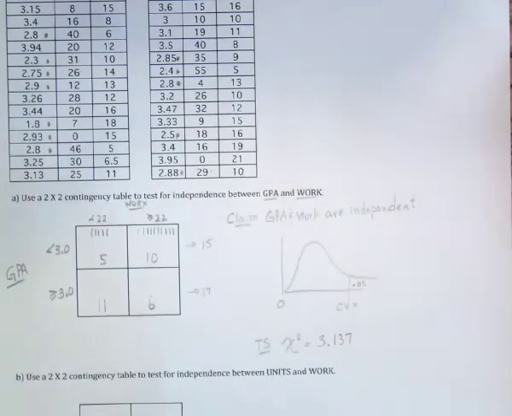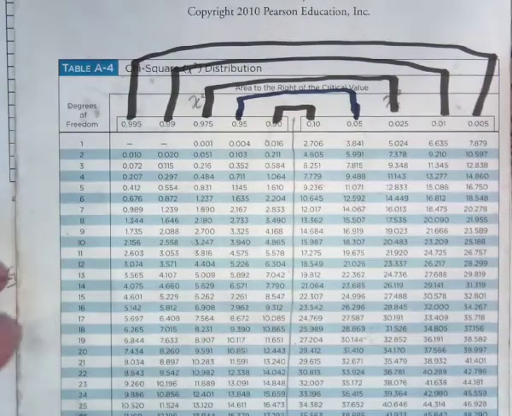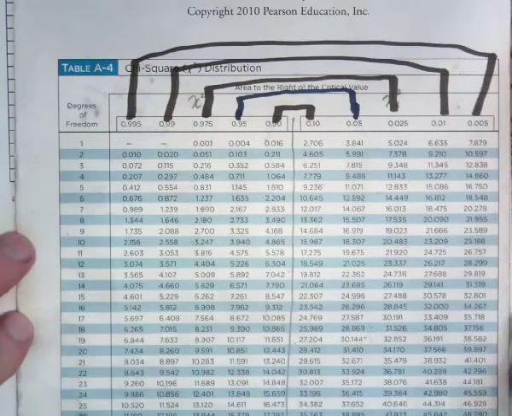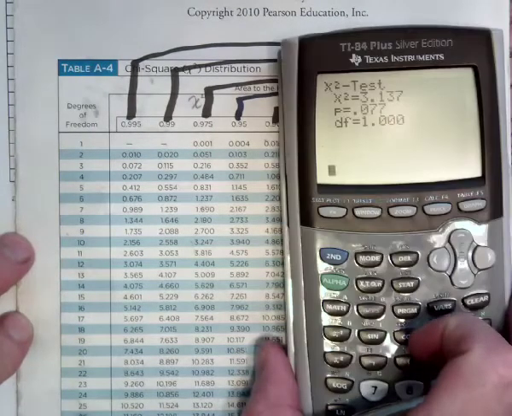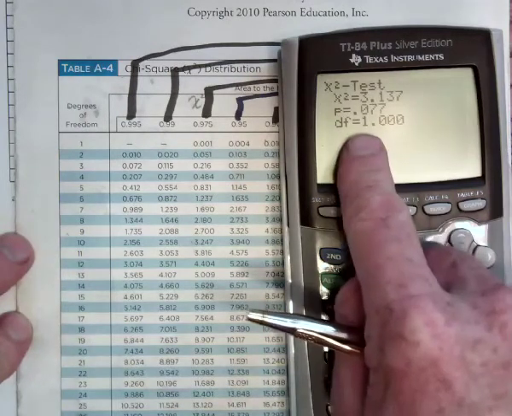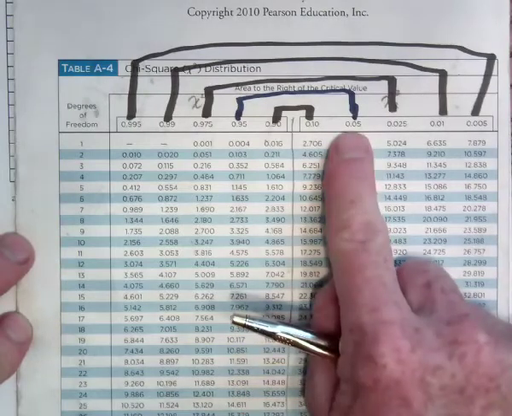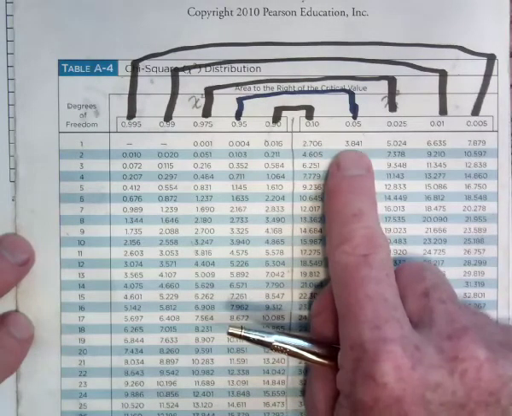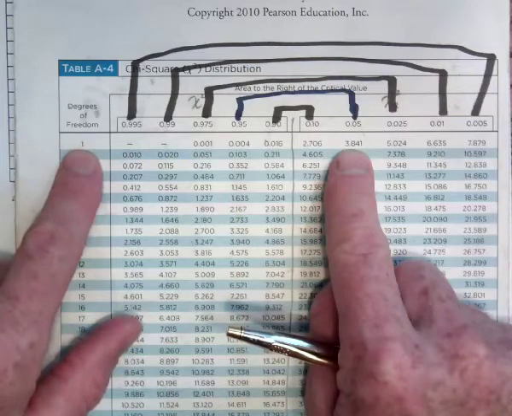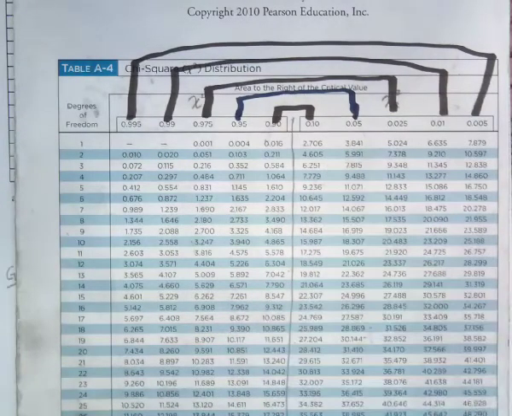So next up we need table A4, the chi-squared table. There's my pretty artwork. And we need degrees of freedom, which is the number of rows minus 1 times the number of columns minus 1, or you can just get it from the calculator. Degrees of freedom is 1, and it's 0.05, so 3.841 is the critical value.